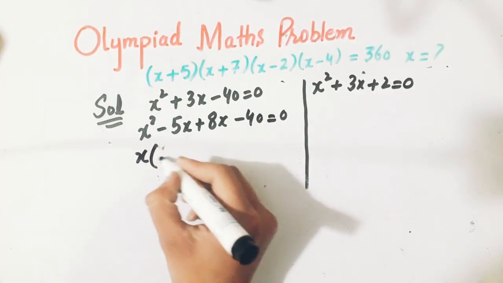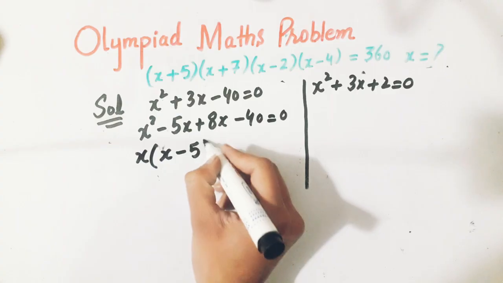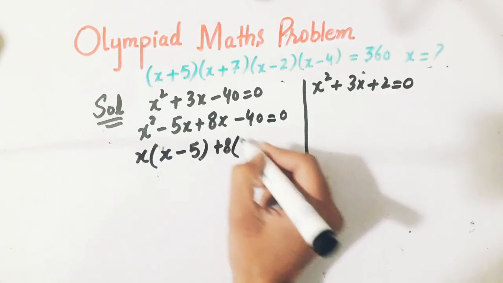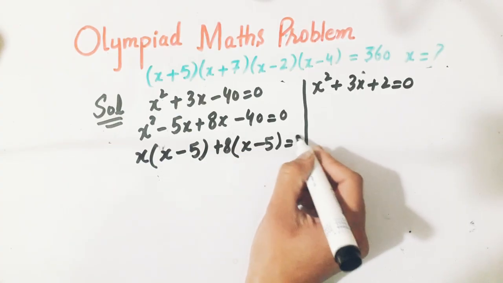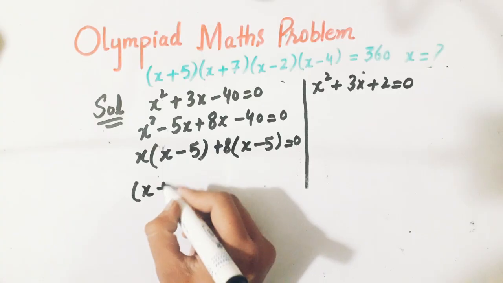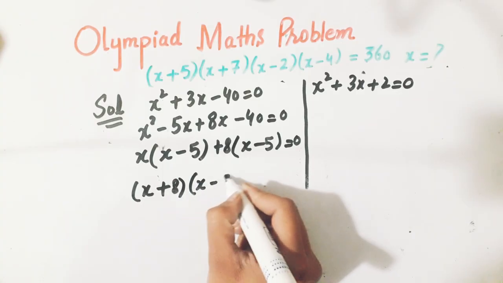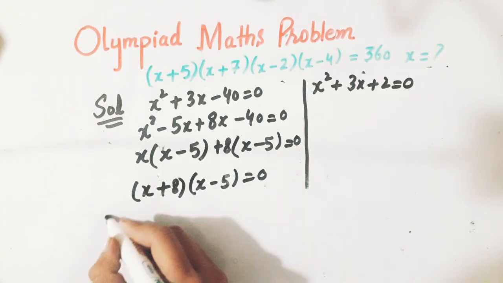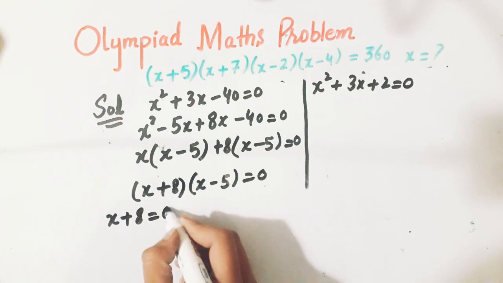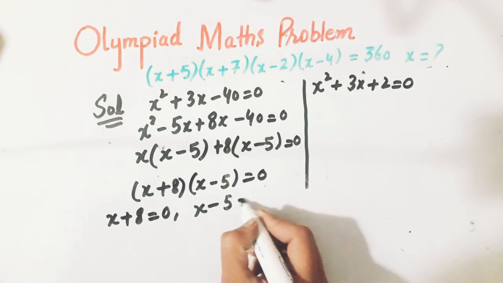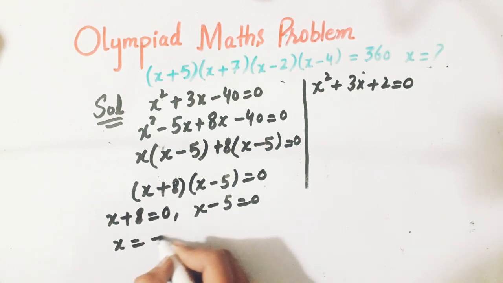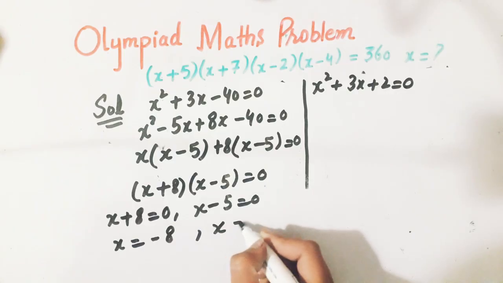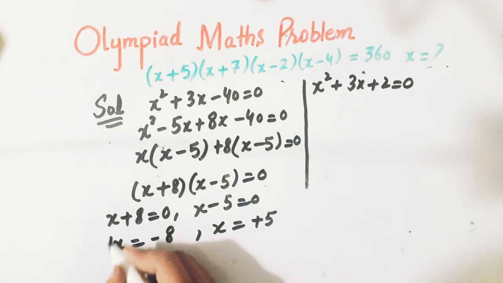Now we will take x as common from this, so remaining is x plus 8, and minus 5 is common, so x plus 8 equals 0. Now the factors are x plus 8 and x minus 5. So x plus 8 equals 0 and x minus 5 equals 0. It means that x equals minus 8 and x equals plus 5.